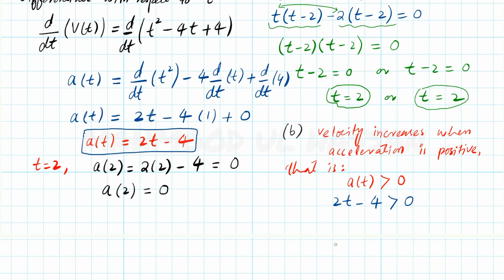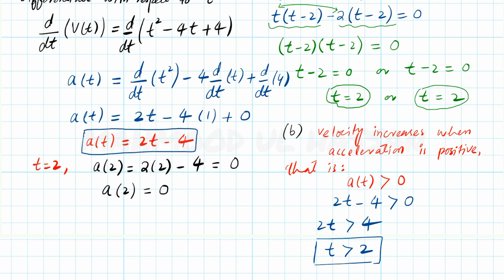So 2t is greater than 4. We divide by 2, so t is greater than 2. So when the time is greater than 2, acceleration will be positive, and when acceleration is positive, velocity increases. And obviously when velocity increases, the speed increases.